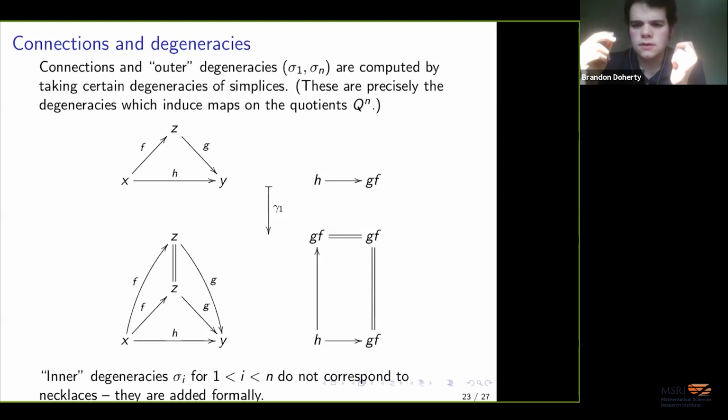And what we would note here is that these degeneracies and connections which we're able to compute using these operations on necklaces, rather than just having to add them in formally, are exactly the ones which respect the quotient that we take on delta n in order to construct the cosimplicial object Q, which was discussed in various previous talks. So those two facts are related in a more complicated and technical way, which is involved in the construction here.